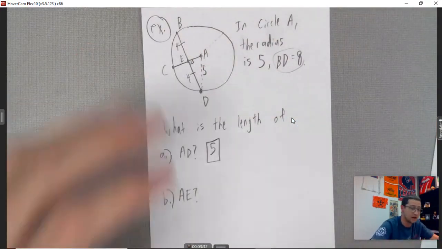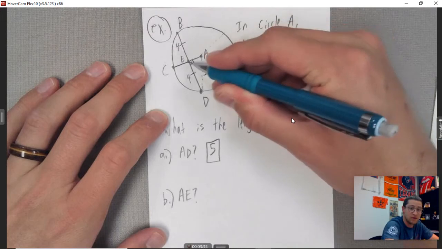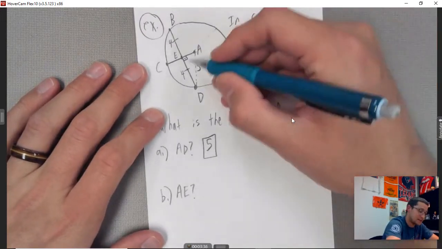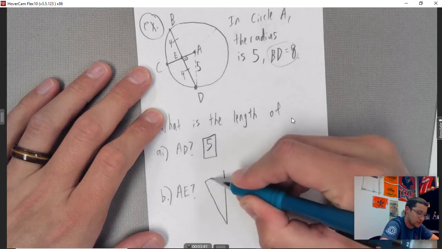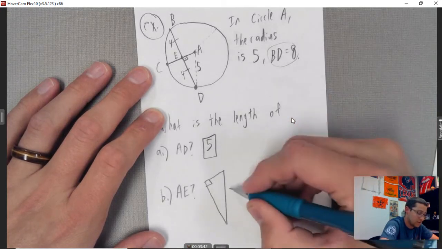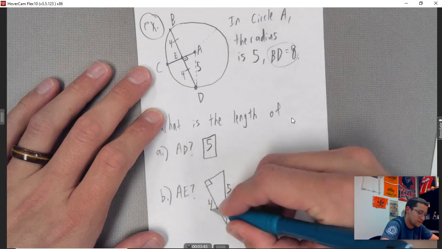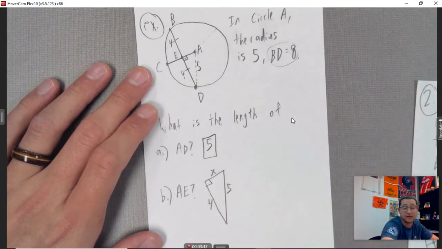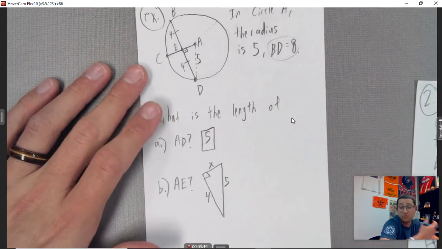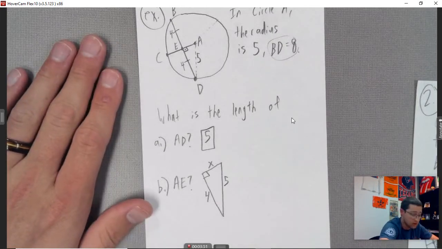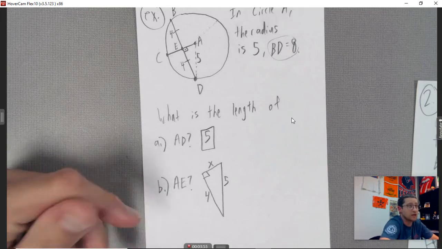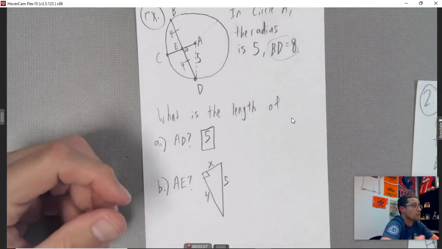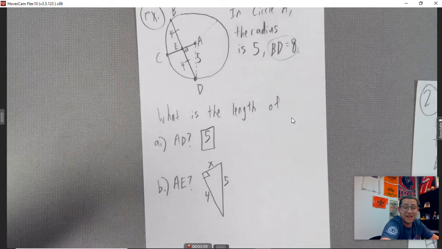Now we have this right triangle, and we're going to use the Pythagorean theorem to find AE. I'm going to redraw that triangle just for good measure so we can see it a little bit more. This is 5, this is 4, and I'll call this X. Again, we have 2 out of the 3 side lengths of the right triangle, so we can use the Pythagorean theorem to find the third one.